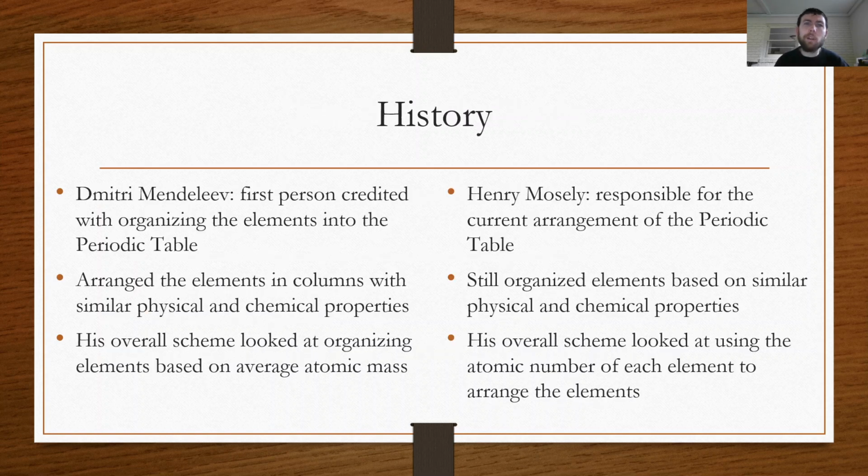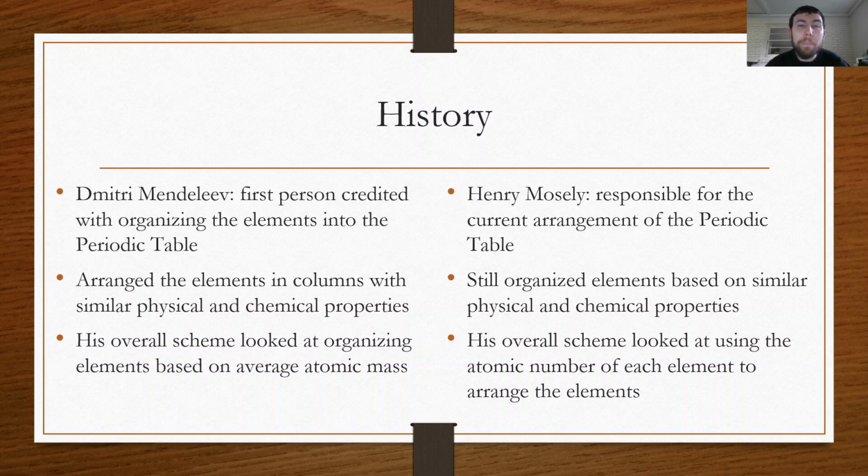Now, last thing that I want us to look at for our intro here is a brief history of the periodic table, okay? Because like many things in science, the periodic table has changed and adjusted over time. And we first want to go to looking at Dmitri Mendeleev.